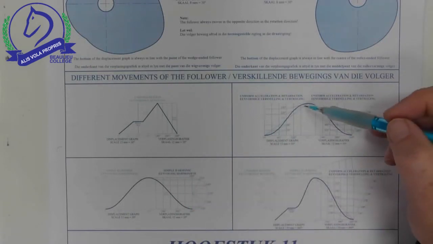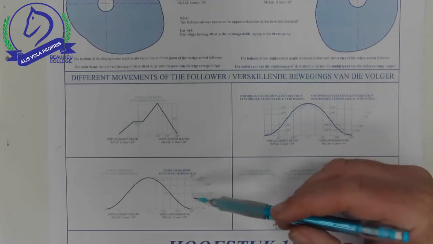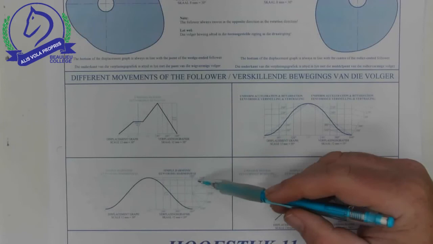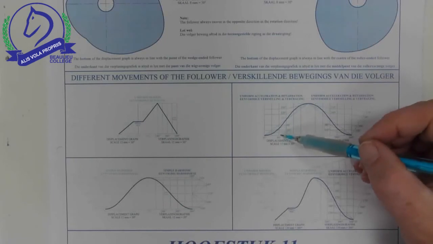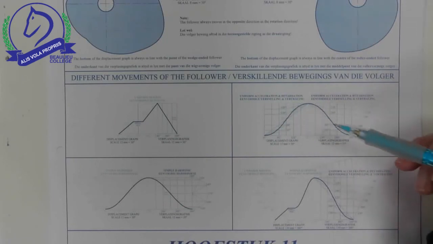You get uniform acceleration and retardation, where the points are plotted along equal height divisions. If you look at your circle here where you've got simple harmonic motion, the split between your pizza slices isn't equal. What happens here is that you divide your heights into equal amounts.